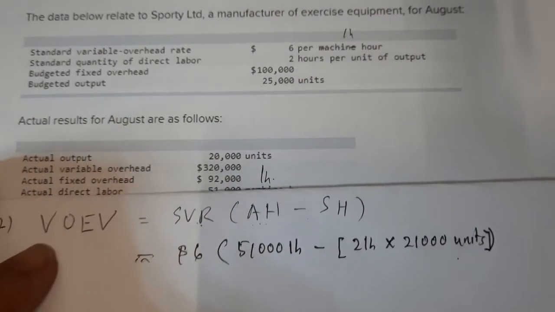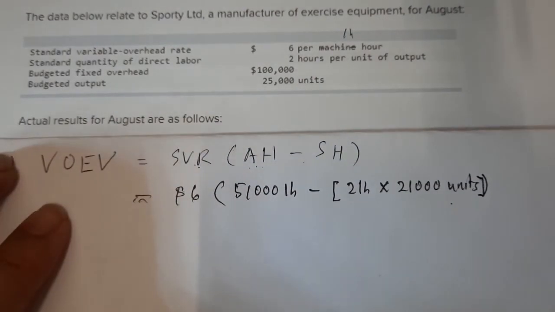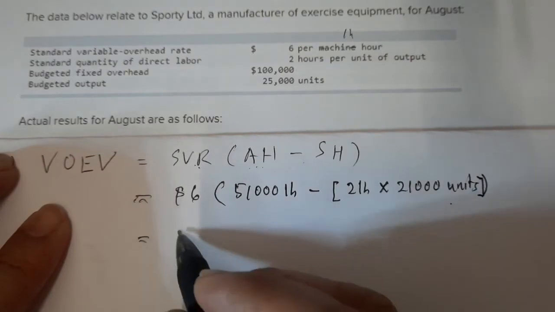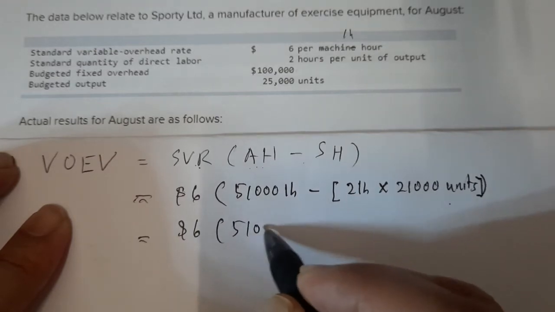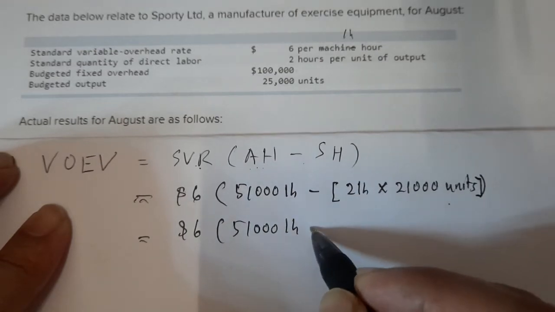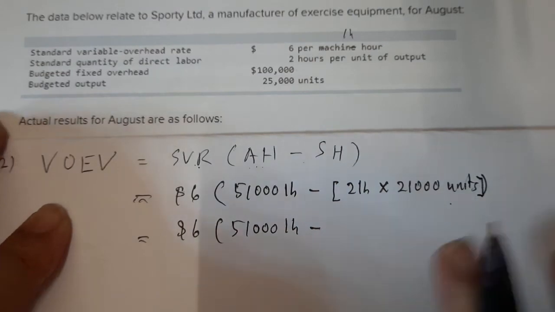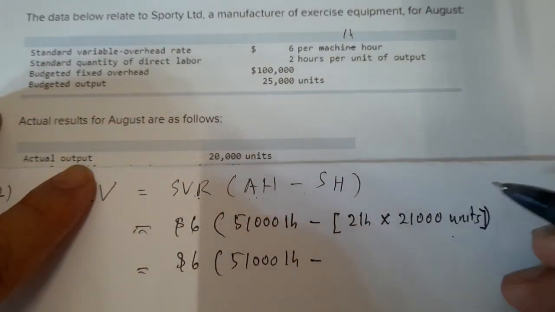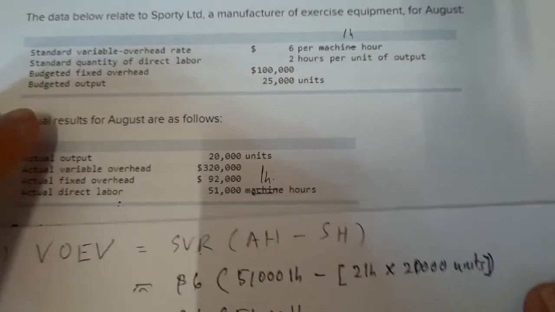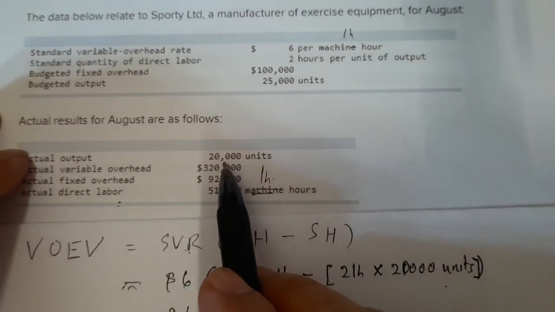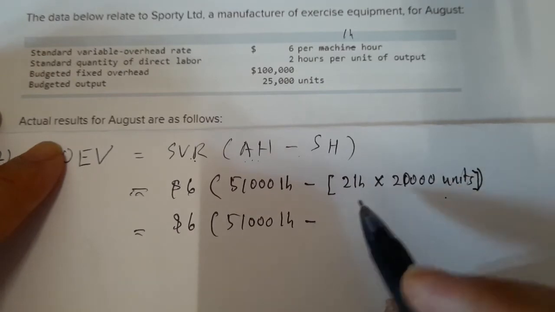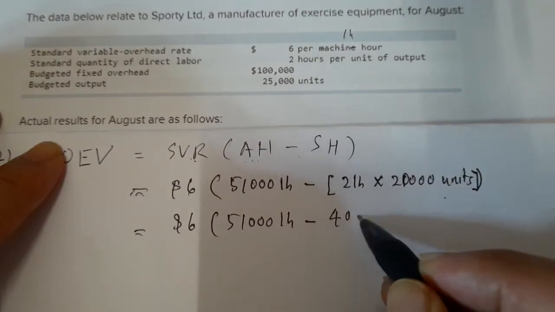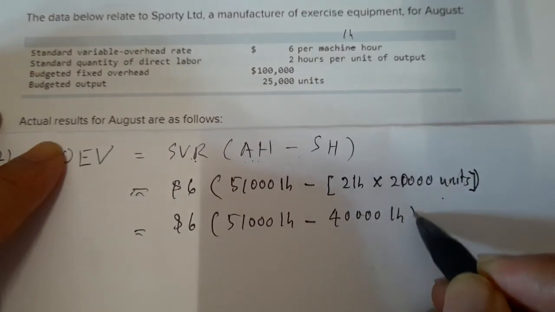So the thing is like this: $6 times 51,000 labor hours minus the standard hours. Sorry, this one is supposed to be 20,000 units. According to the data, the actual production is 20,000 units. Okay, so 2 labor hours times 20,000 units equals 40,000 labor hours.